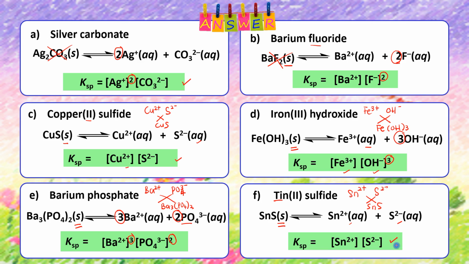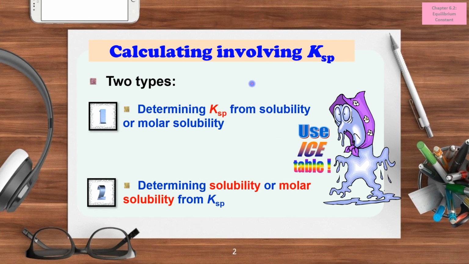Alright, next, calculations involving Ksp. There are two types involved in the calculation of Ksp. The first type is determining Ksp from solubility or molar solubility, which means the solubility or molar solubility is given in the question and we have to calculate the value of Ksp.